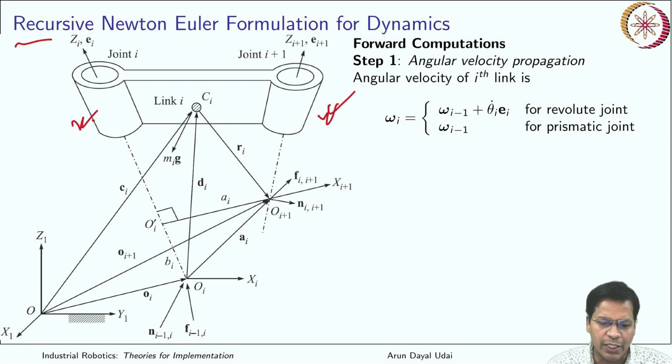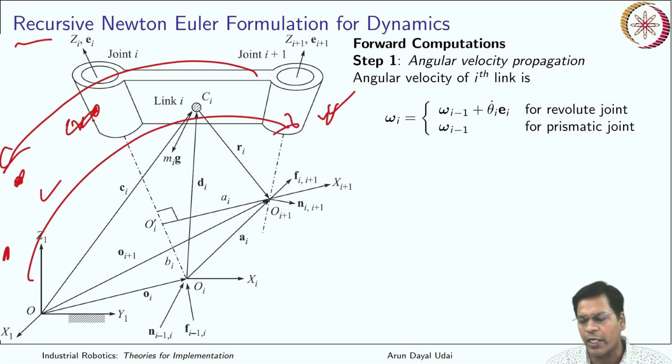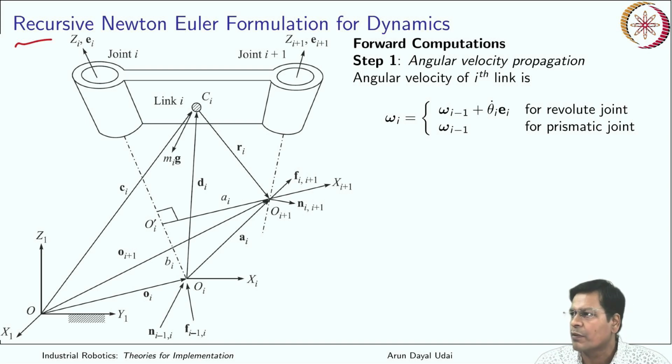So using this, you can calculate this. Using this, you can calculate the previous one. Using this, you calculate the previous one. So iteratively, you can come backward, or similarly, you can go forward while calculating the velocity. So that is how, using recursion, it becomes very, very simple to do programming and formulate these algorithms.